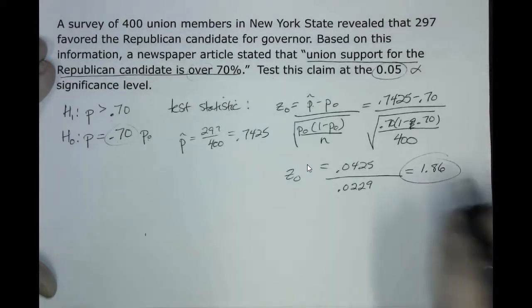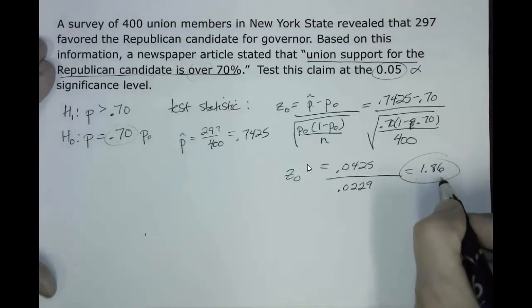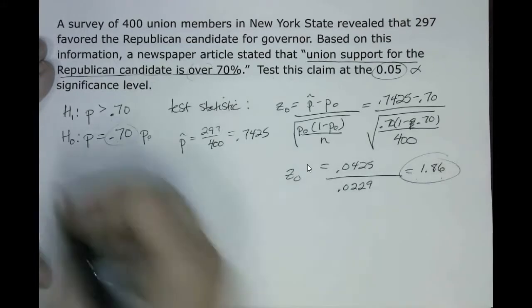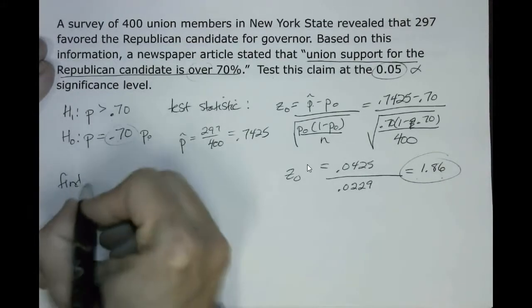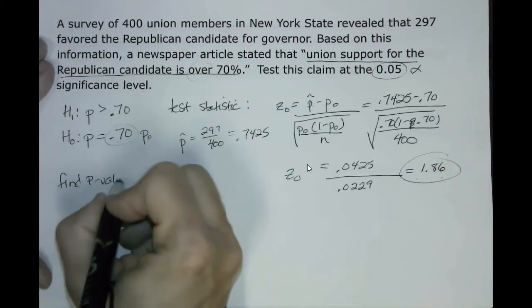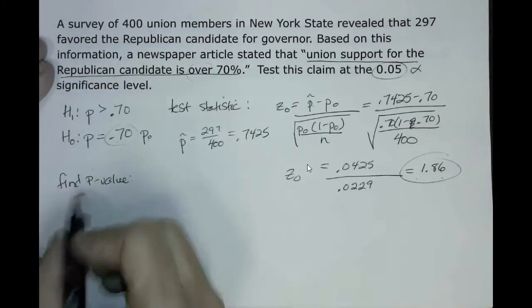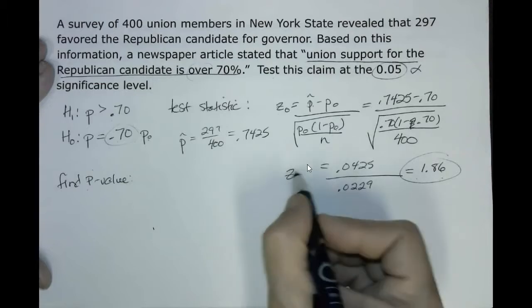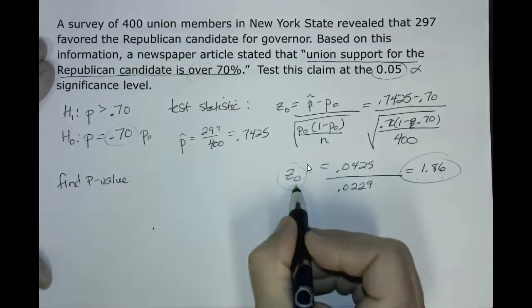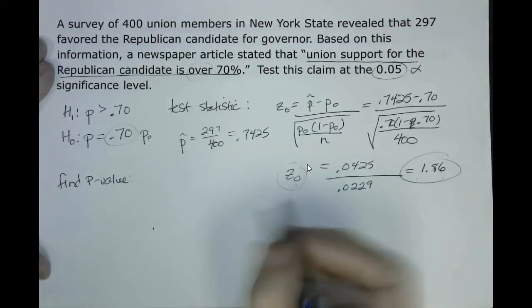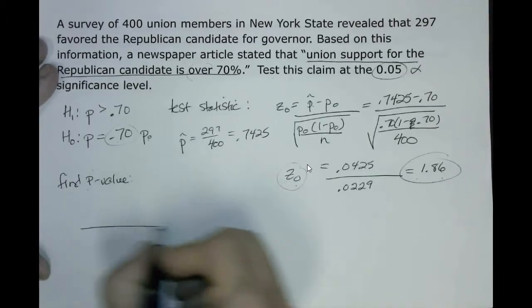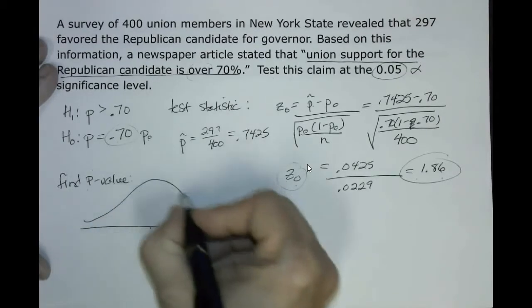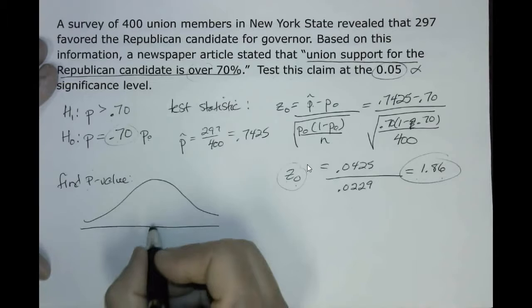Okay, then let's say that they give us the test statistic and we're supposed to find the p-value. So if we're doing that, the p-value is a probability. And that's where it's important what we're talking about here. The z stands for the standard normal distribution. So what we're going to do is draw the picture, put our test statistic on there.